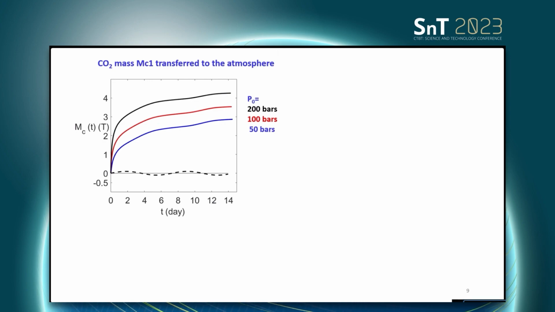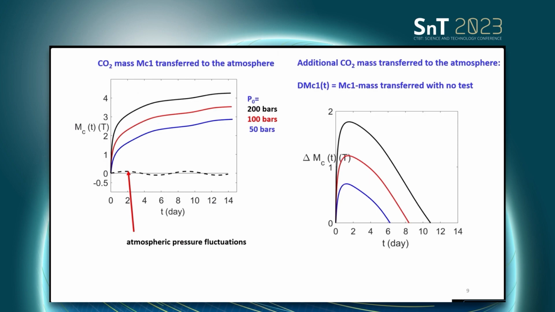Below, you see the atmospheric pressure fluctuations, not to scale, of course, just to show you how it goes, and you see that these fluctuations are seen actually on the total mass transferred. You have some undulation on that.